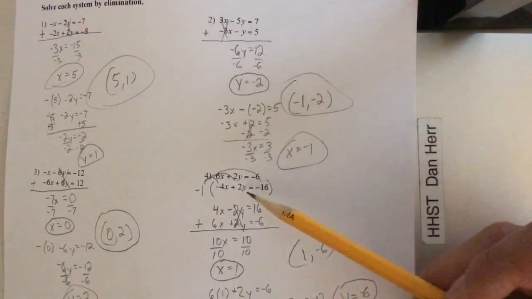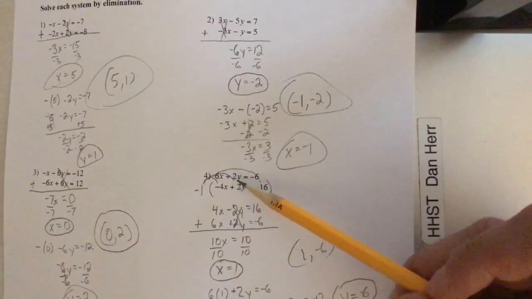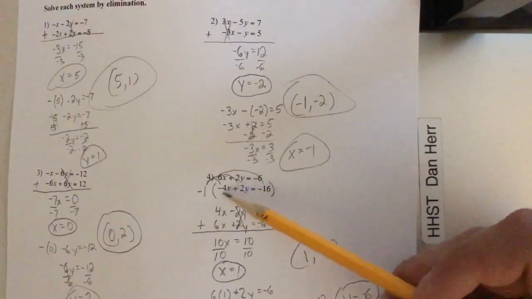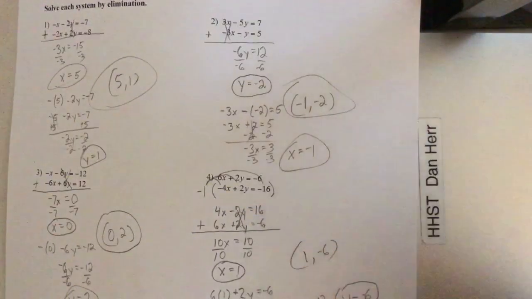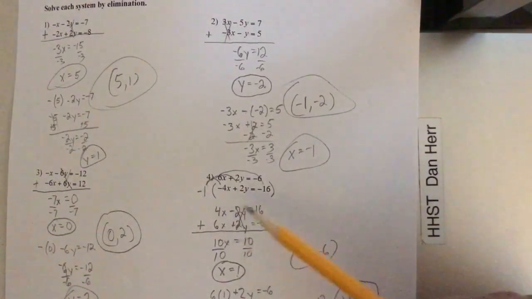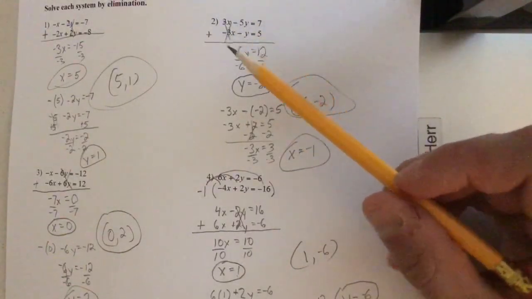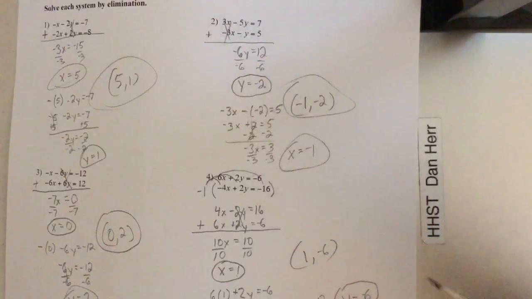If we don't have opposite terms, like here we had a positive 2y and a positive 2y, we had to multiply one of our equations by negative 1. Once you do that, you just add your equations together and solve for the remaining variable.